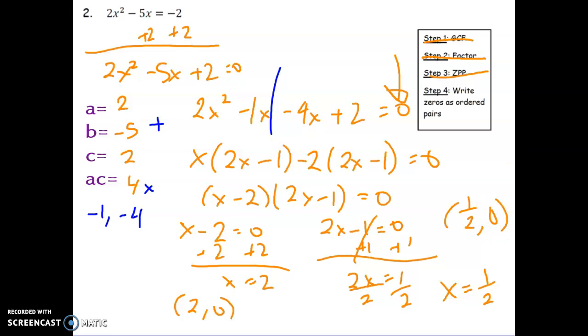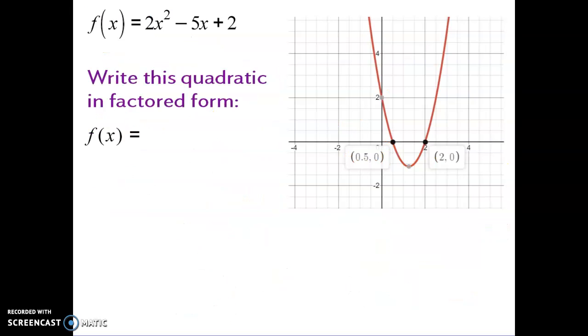Okay, so let's see what we have found here. You can see that I have crossing the x-axis right here. 0.5 is the same thing as 1/2. And right here at positive 2. So when my original function was in standard form, only when it's in standard form is this last one equal to the y-intercept, which you can see right there.